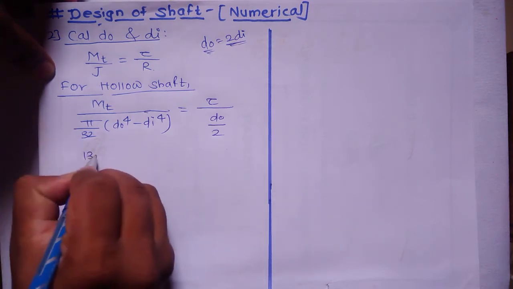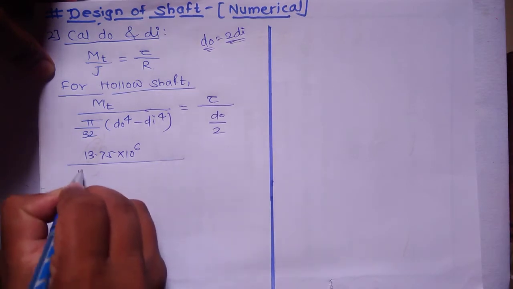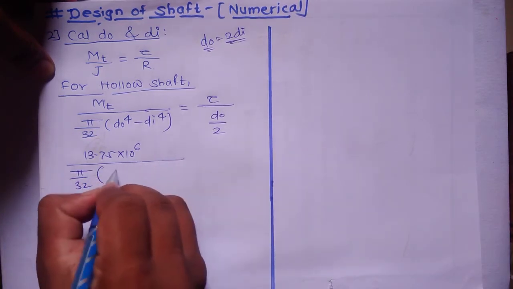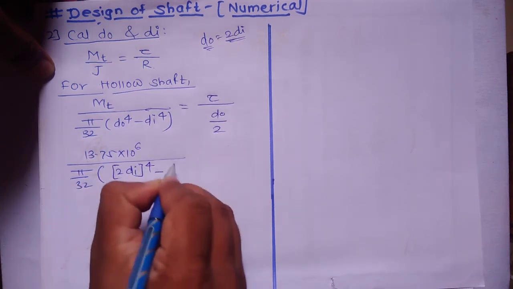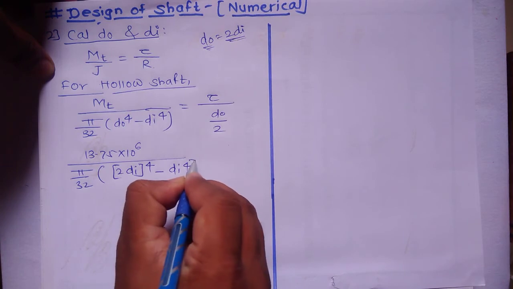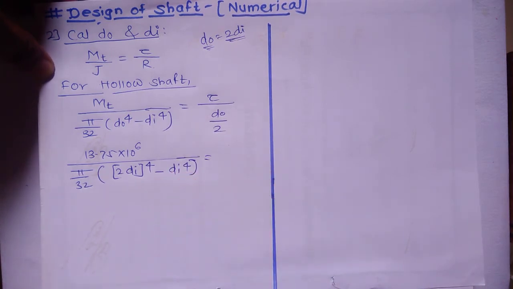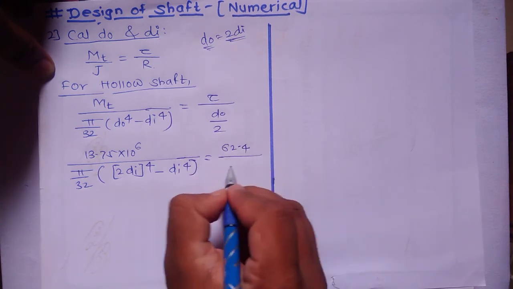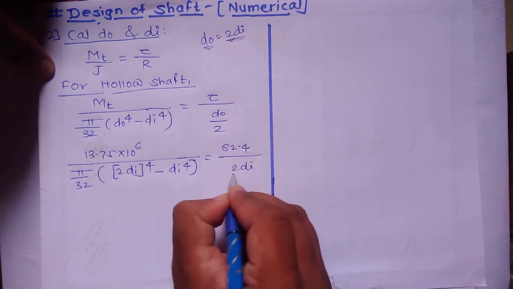So let us put the value of maximum torque. It is 13.75 into 10 raised to 6 upon pi by 32 into, do is twice di, so twice di raised to 4 minus di raised to 4, is equal to tau, that is 62.4, upon do, which we write as twice di, so twice di upon 2.